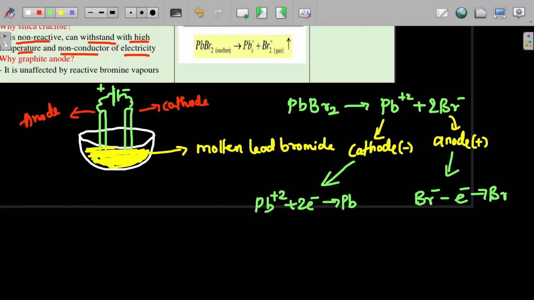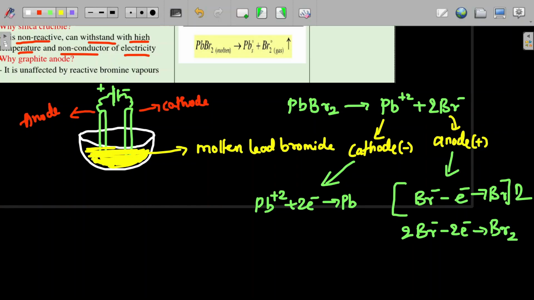But a bromine atom is not stable, therefore it has to form a bromine molecule, so you multiply it by 2. So 2 bromide ions lose 2 electrons and form Br2.